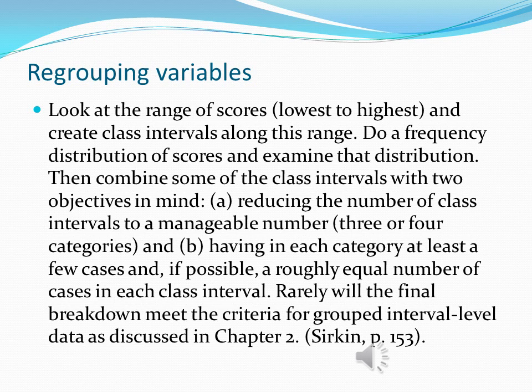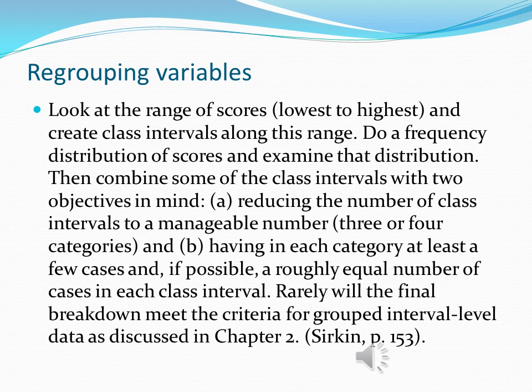Regrouping variables. This is on Sirkin, page 153. I'm going to read this to you. The same words are on there. Look at the range of scores lowest to highest and create class intervals along this range. Do a frequency distribution of scores and examine that distribution. Then combine some of the class intervals with 2 objectives in mind. These are 2 things to keep in mind when you do this. A, reducing the number of class intervals to a manageable number, 3 or 4 categories.